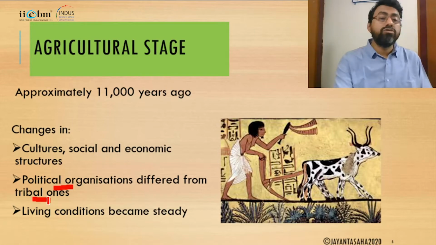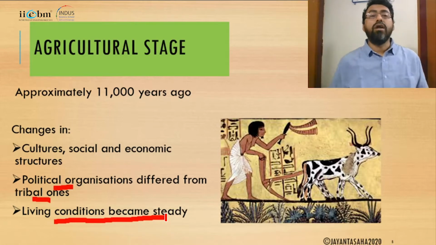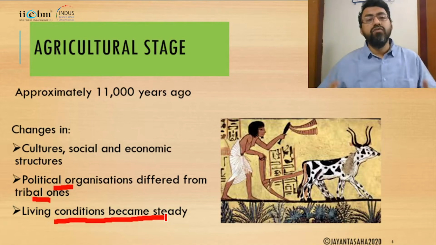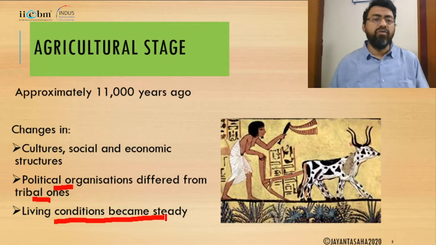Also, living conditions become steady, because now you are not moving from place to place, and you are therefore going to spend your entire life in a particular place. So if a person is born in a particular city or village, he or she would possibly die in that village, unlike in the hunter gatherer times where you are moving from place to place.